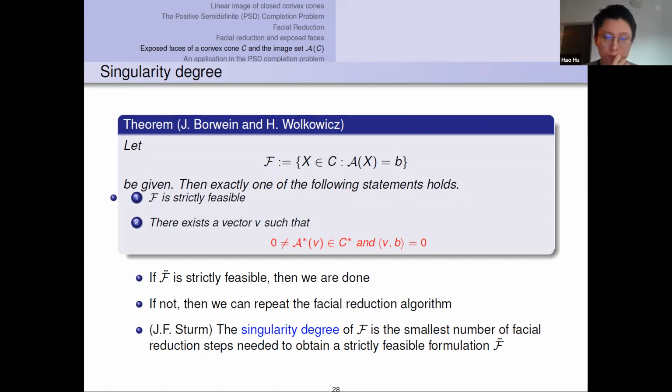And Sturm was the first one who realized that the singularity degree provides an error bound for computing an upper bound of the distance of a given point to this feasible set F. And this error bound was very useful, and later on, many new papers have come out relating the difficulty of solving problems related to a feasible set F and the singularity degree.